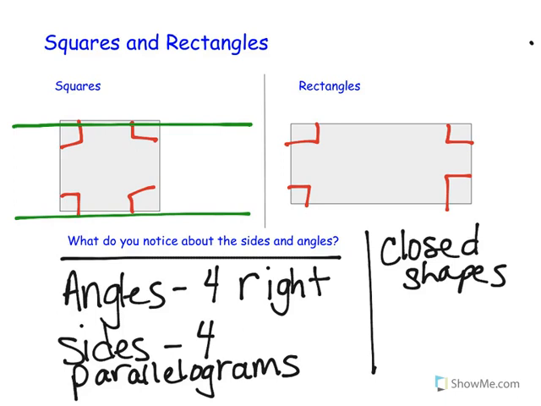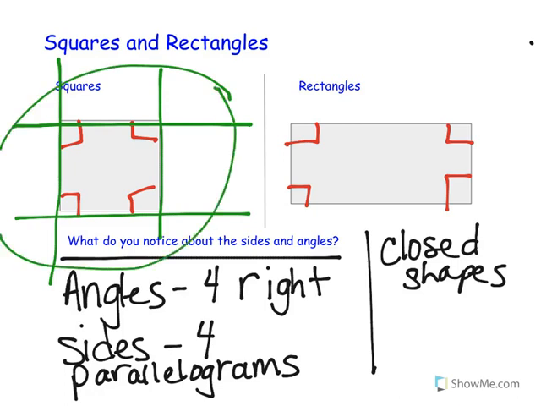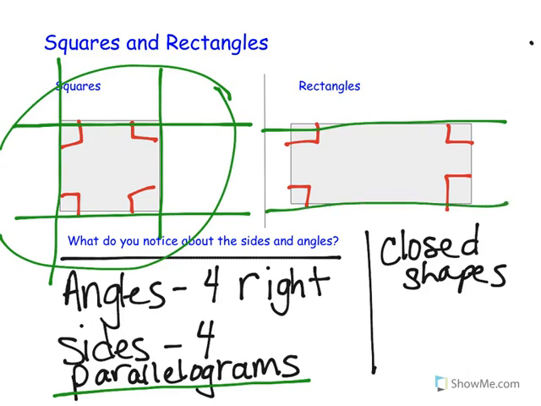And then if I look on the other side, these two lines are never going to intersect, which means if I have a shape and all of its sides are parallel, like this square, then it is called a parallelogram. And our rectangle is also a parallelogram. Okay, so let's move on.